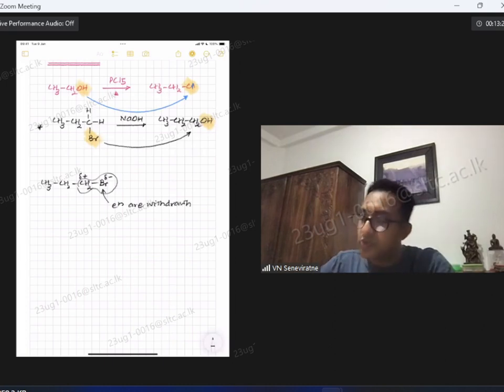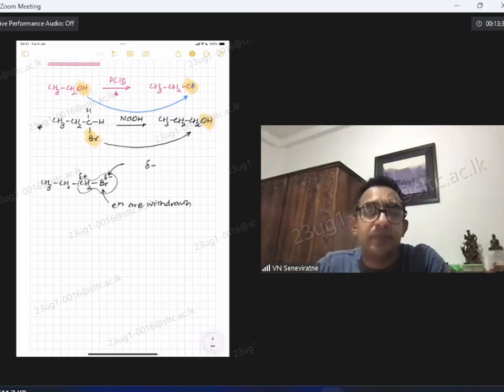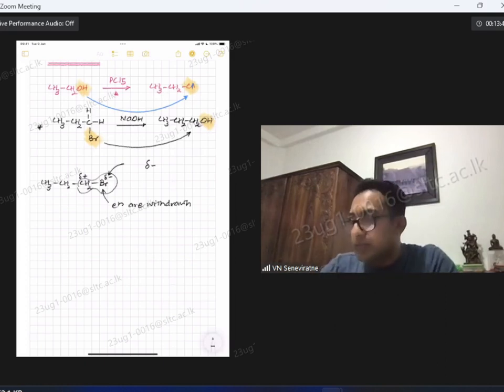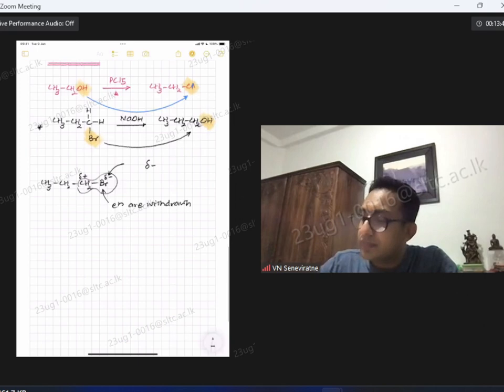If you want to show that, you use a small delta minus on bromine because it's withdrawing electrons. Carbon loses its electrons, so it has a small positive charge, delta plus.